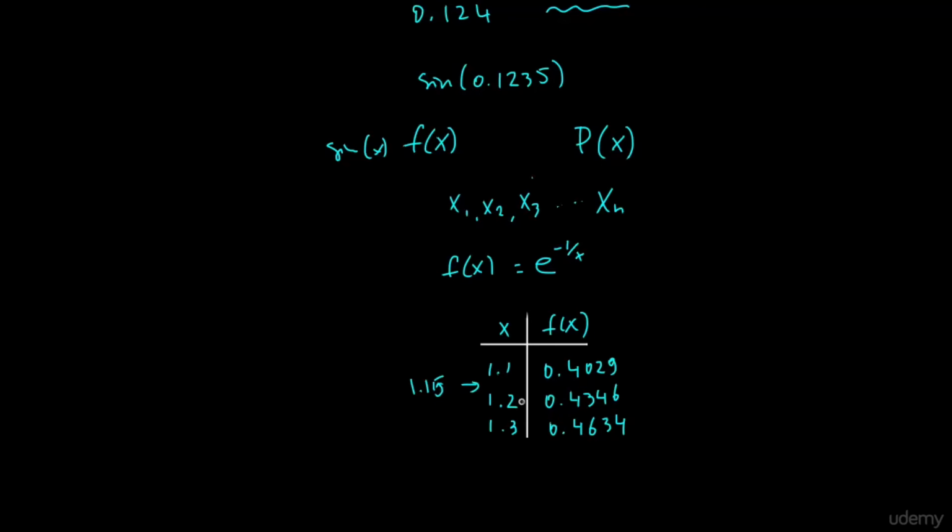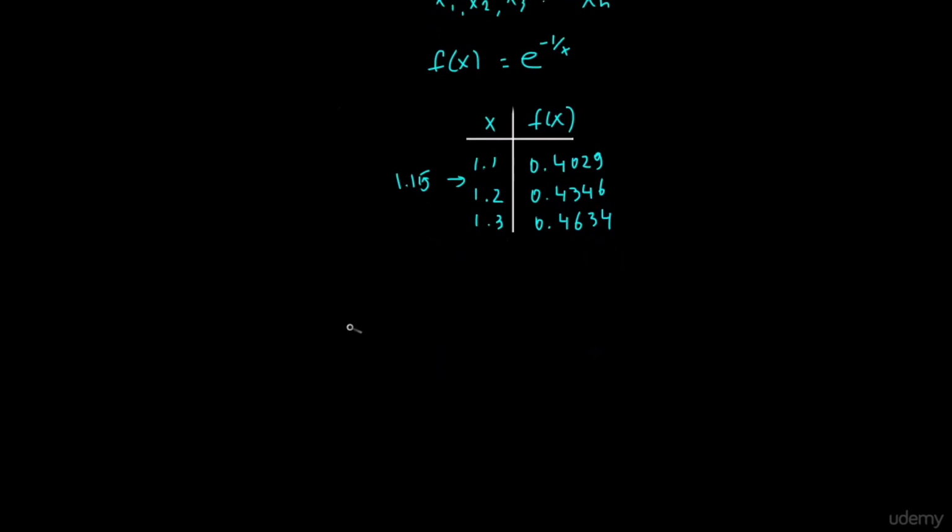I want to get a polynomial which actually goes through these 3 points. So how do I get it? Well, if I'm looking for a polynomial p of x, let's say a second order polynomial, that would be ax squared plus bx plus c. What I can do is take these values of x and plug them into the polynomial, and on the right hand side I would be expecting the same values of y as the original function.